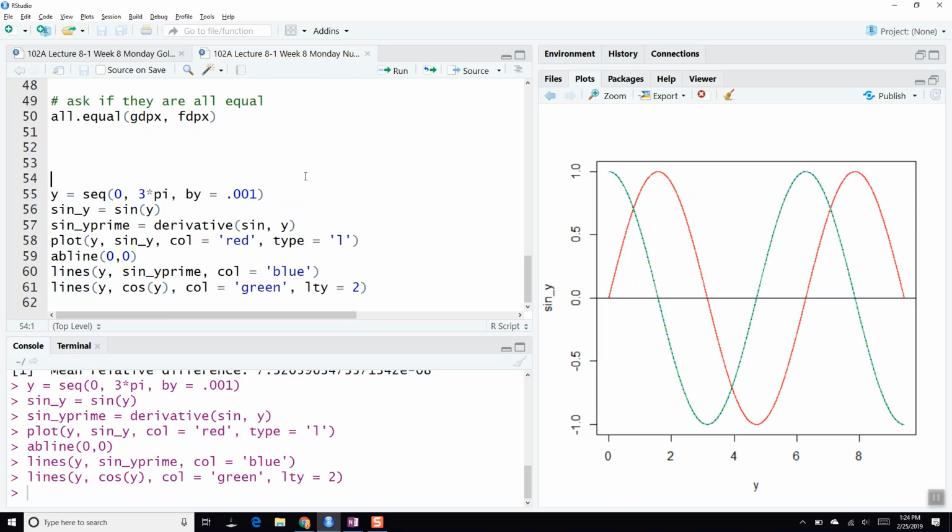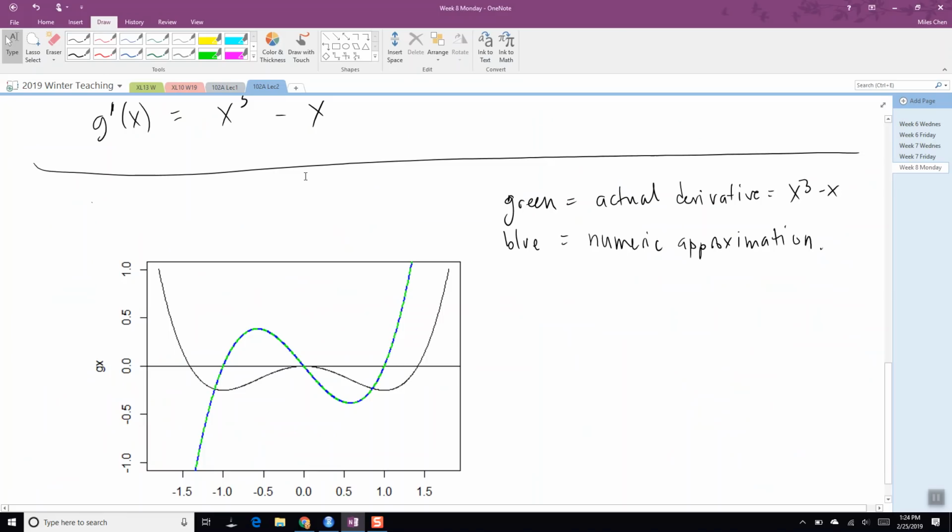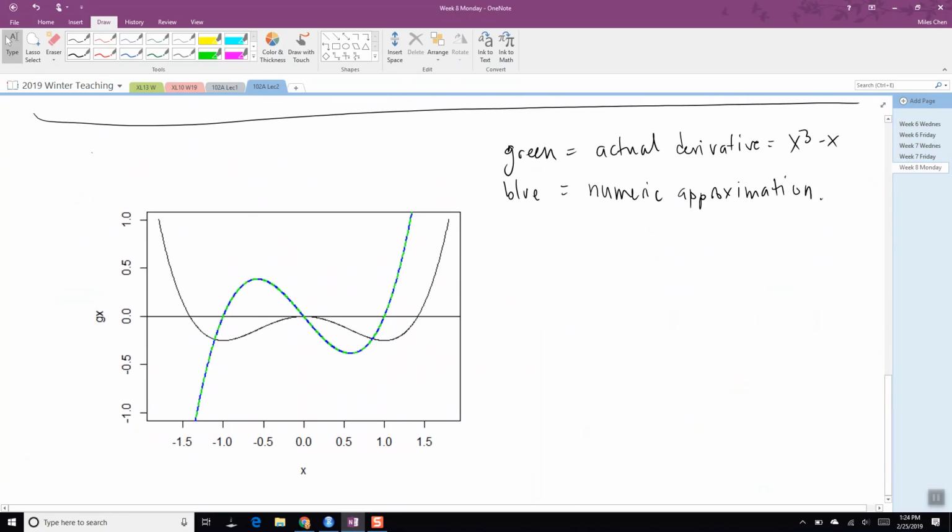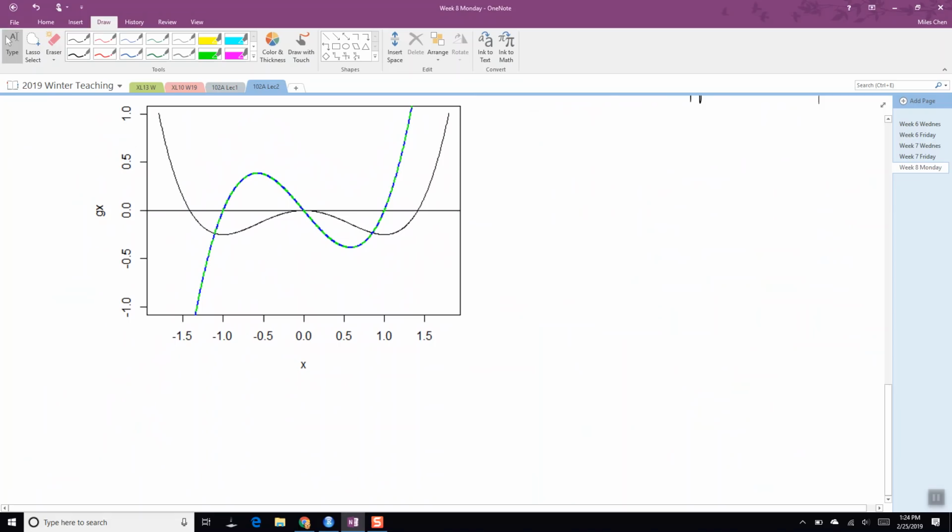Are there questions on any of this stuff? Numeric approximation. We see our numeric approximations are very good, very closely to the actual derivative.